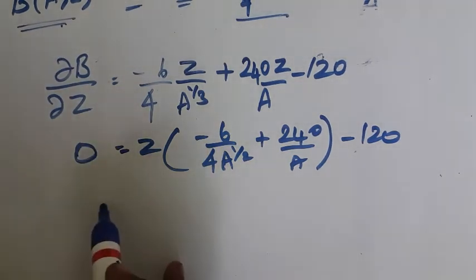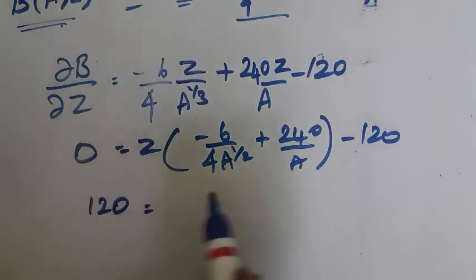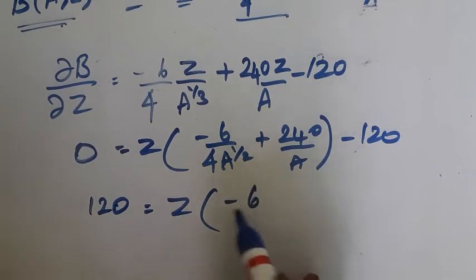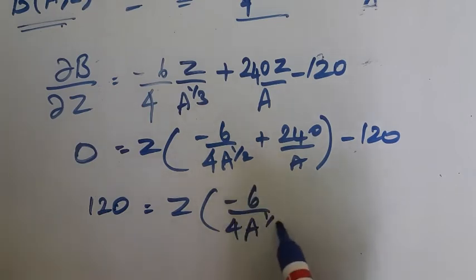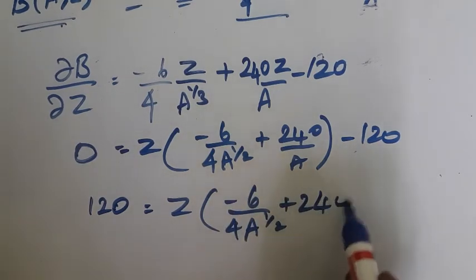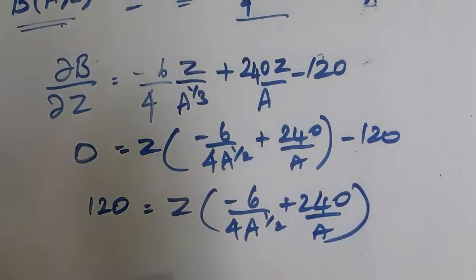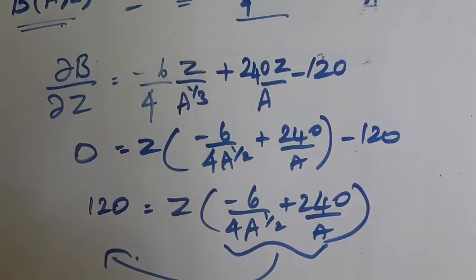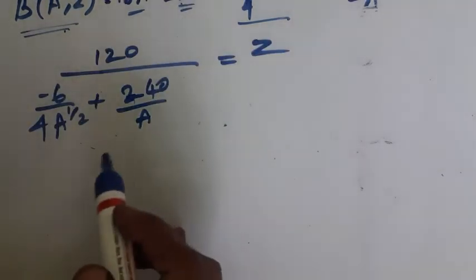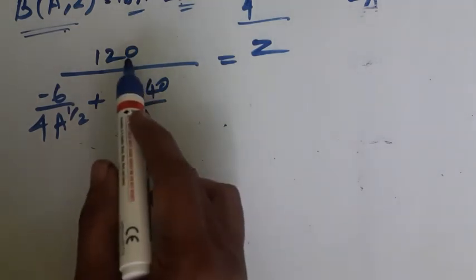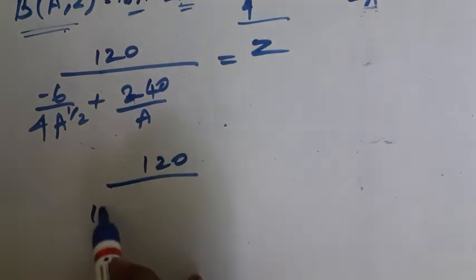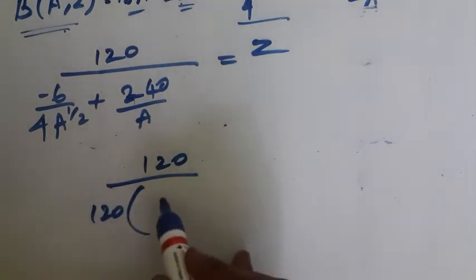So bringing 120 to the left hand side, and taking this term to the denominator of the left hand side. Let me continue. To cancel the above term, let me take 120 in the denominator outside.